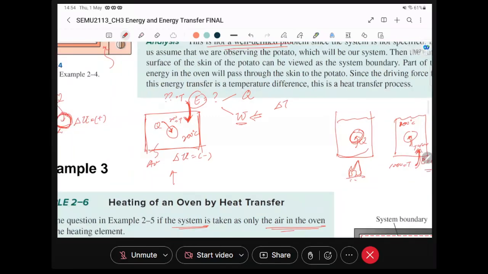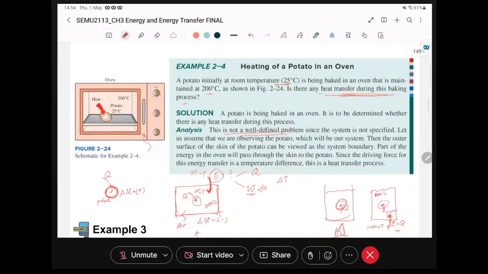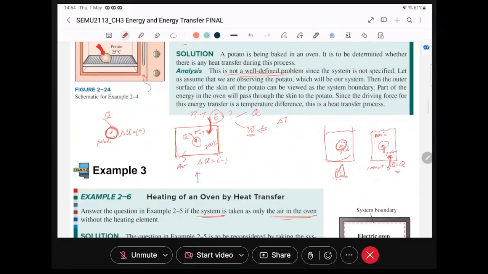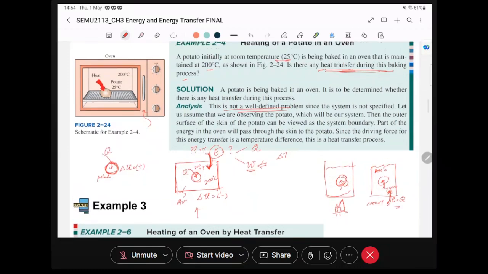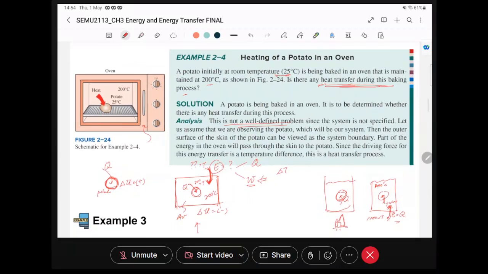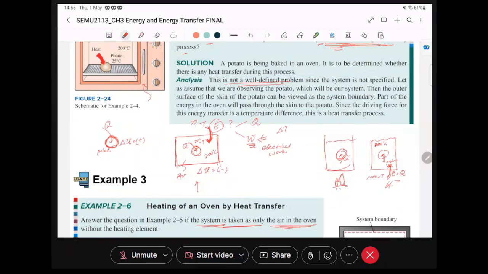Okay. So the question asks whether there's a heat transfer during the baking process, if we are taking the system boundary as the air inside the oven. There is a heat transfer to the potato, but from outside into the air, it is not in the form of heat transfer. It's in the form of work, electrical work specifically. Okay. If we are cooking using gas, then yes, this is a heat transfer.